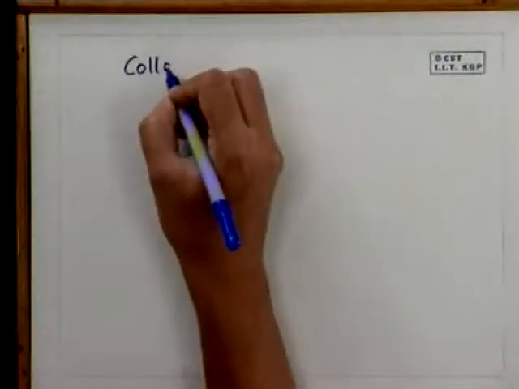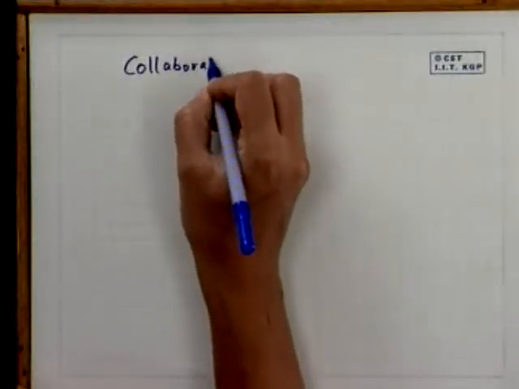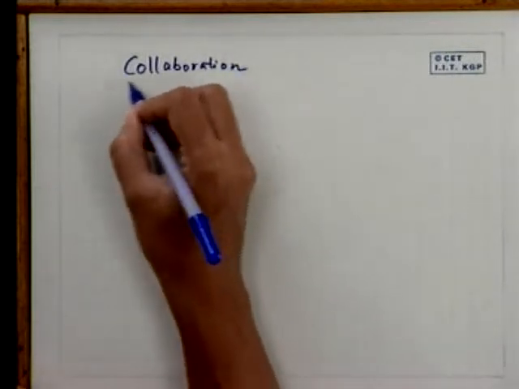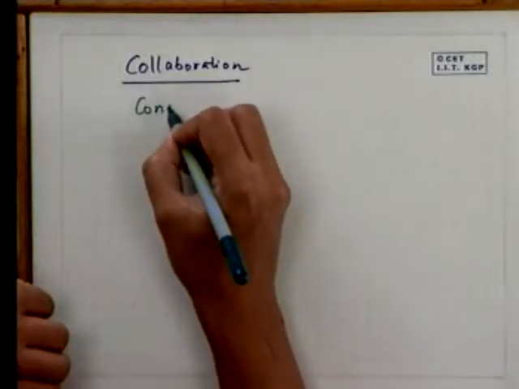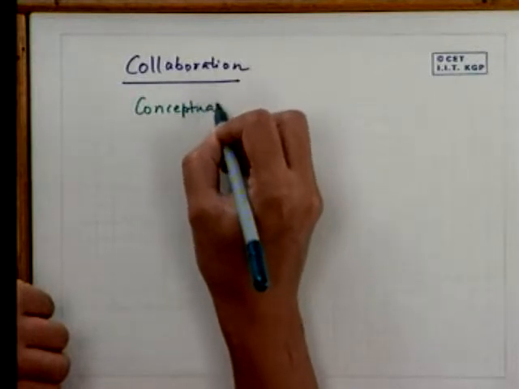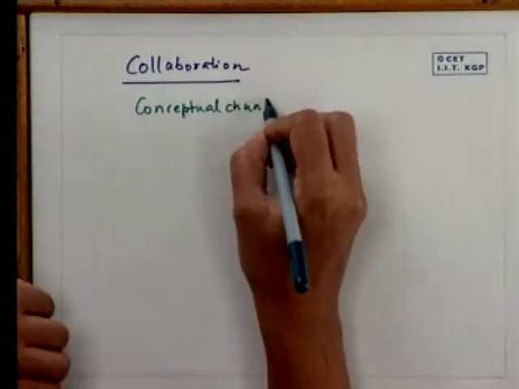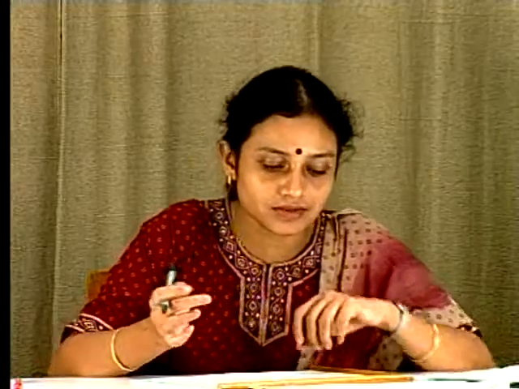Next, we define a collaboration. Collaborations are used in the context of a system's architecture, and a collaboration allows you to name a conceptual chunk that encompasses both static and dynamic aspects. So a collaboration is a conceptual chunk of the system's architecture.